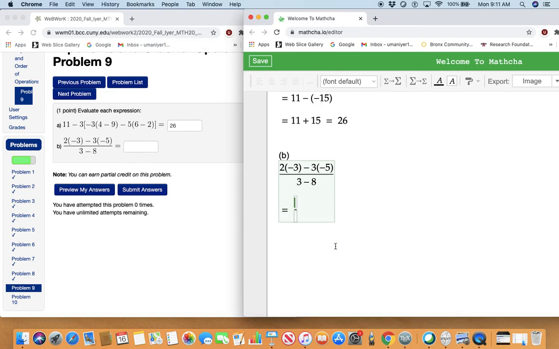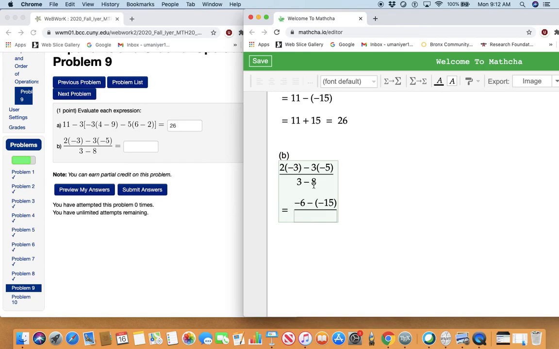They are grouping mechanisms, right? So the numerator has a multiplication, subtraction, multiplication. Multiplication takes precedence. 2 times negative 3 is negative 6 minus 3 times negative 5 is negative 15.